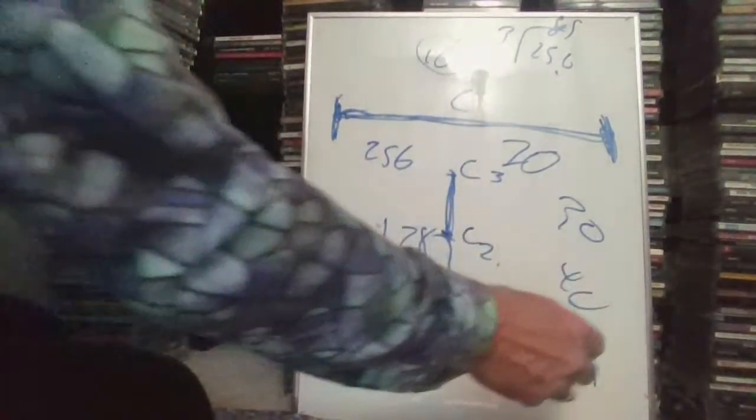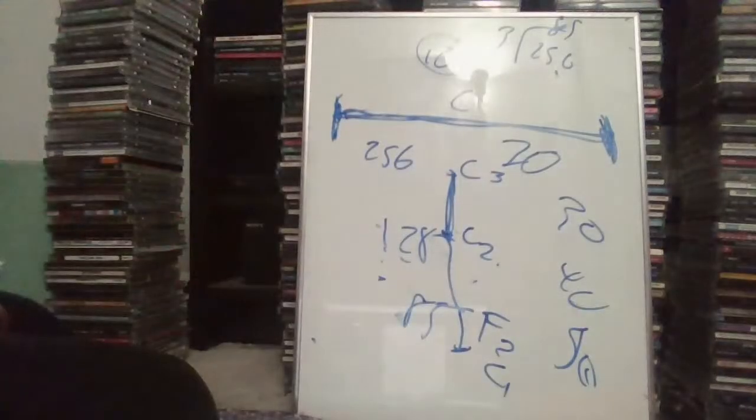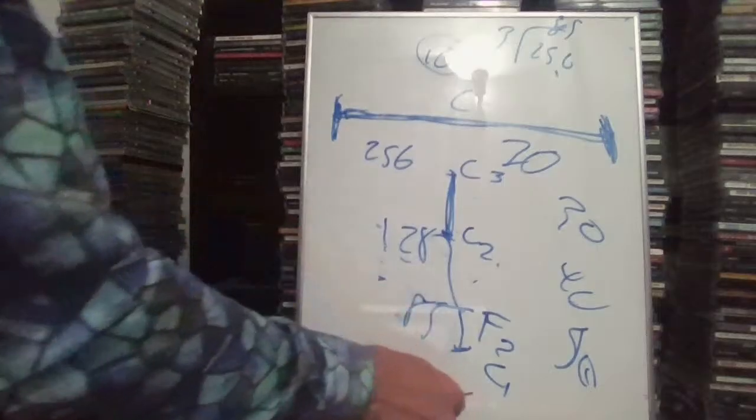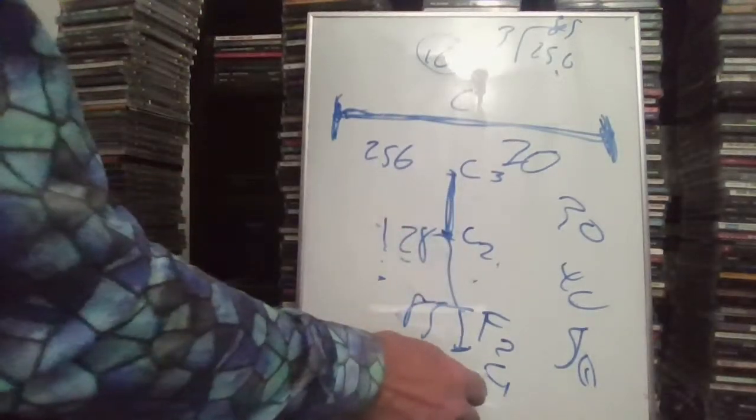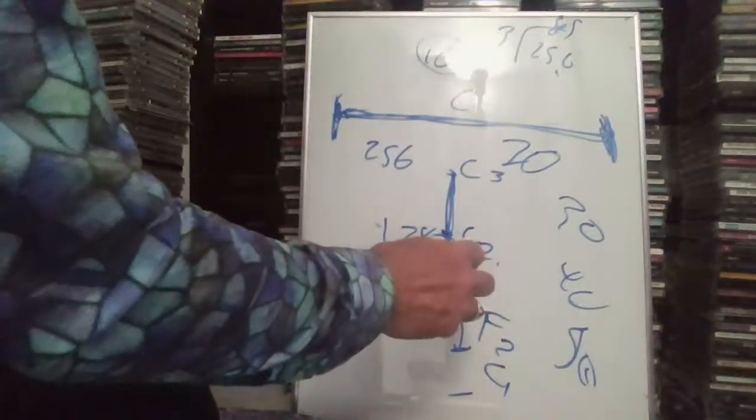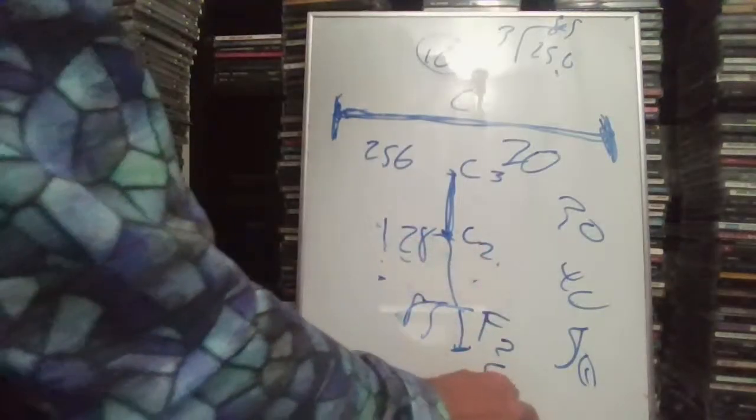Well, 50 would give you 1/5 the frequency. 1/5 down would give you an octave and a major third below a fifth, so you'd have a major third below that.